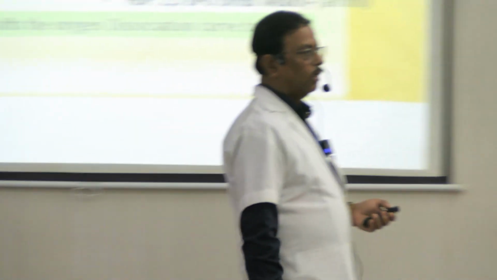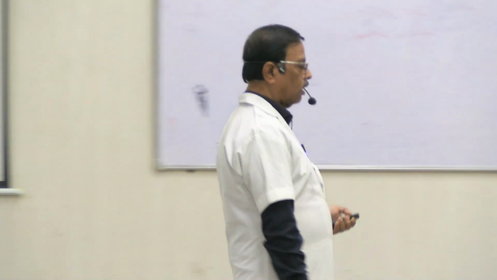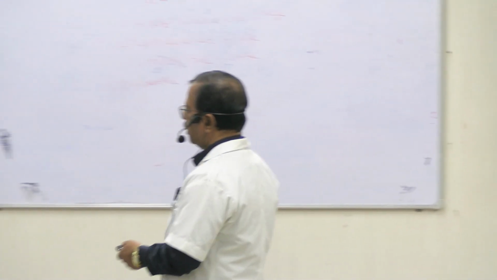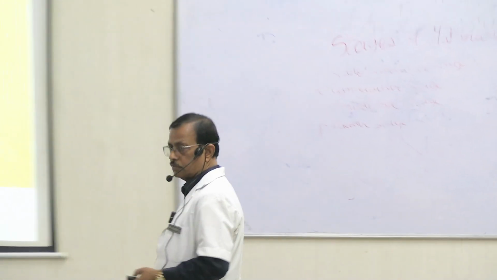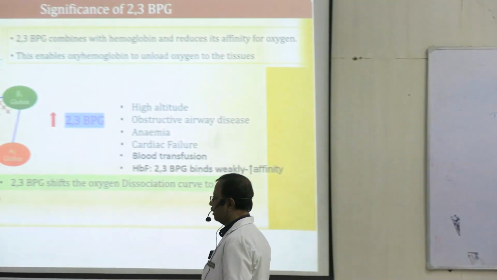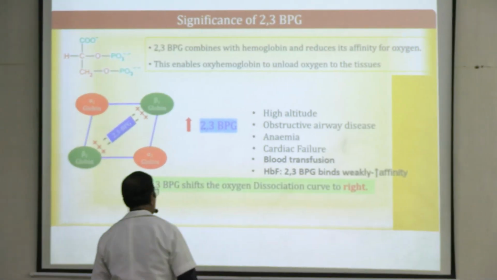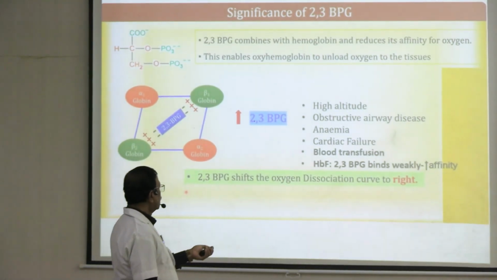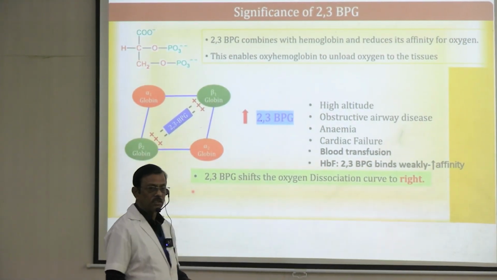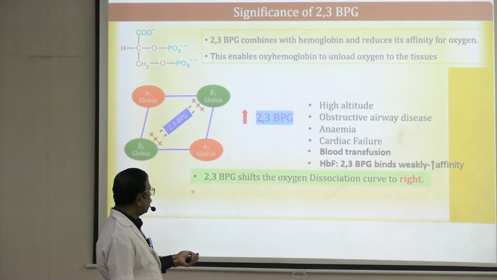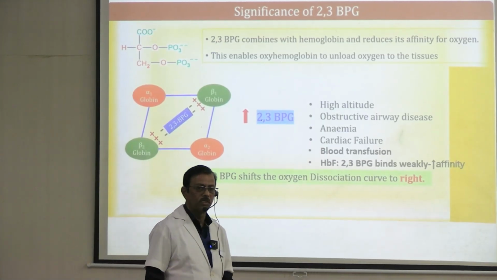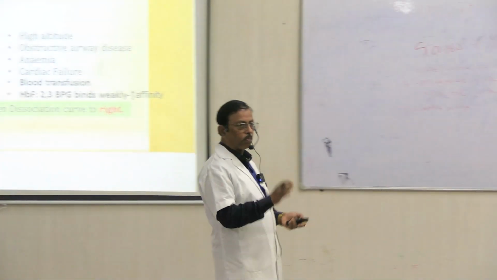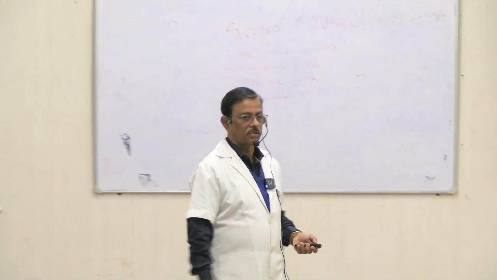We add inosine so that this destruction of 2,3-BPG is prevented. Then hemoglobin F: in hemoglobin F, 2,3-BPG binding is less. So affinity of oxygen towards fetal hemoglobin is more, so that more oxygen can be carried through the placenta from the mother's blood to the fetus.